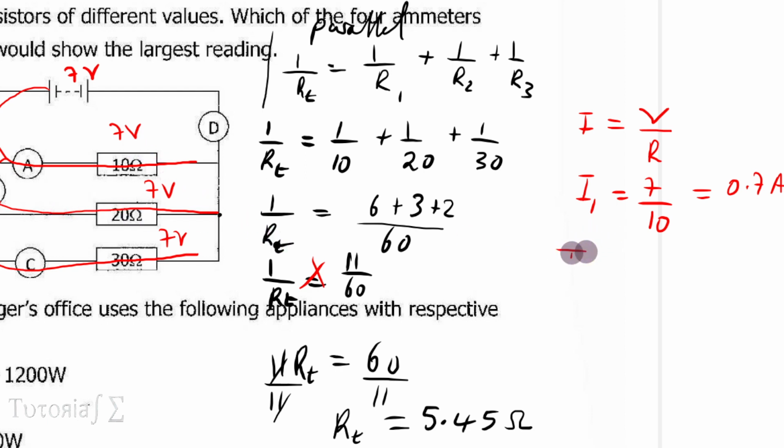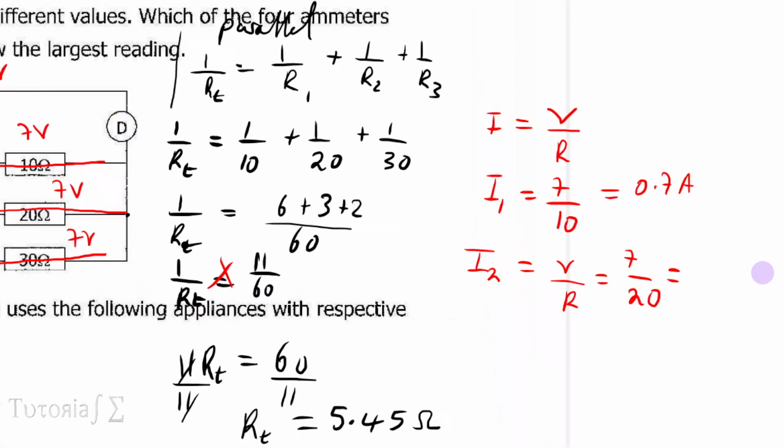Then current 2, the current through this resistor here, would be equal to the voltage, 7, over the resistance. The voltage is 7 again, and the resistance there is 20. So that would be 7 divided by 20, which gives us 0.35 amps.